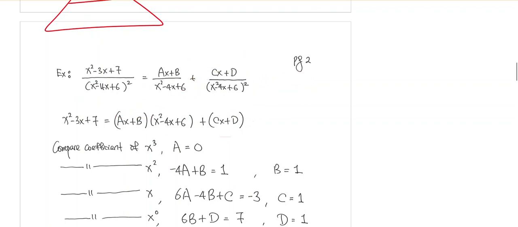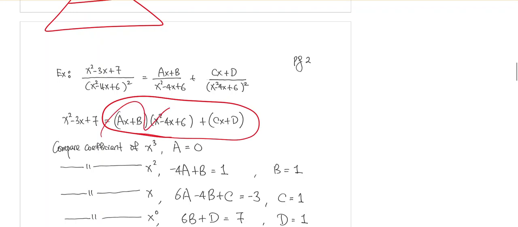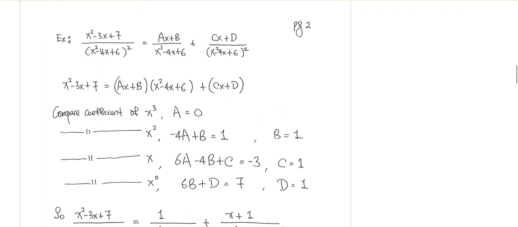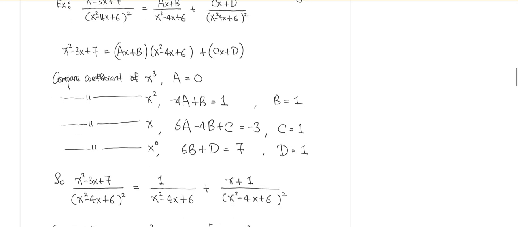Now, in order to find A, B, C, and D, what you need to do is compare the coefficients. There are several ways you can do it. One method is to FOIL all this out, multiply everything out, and start to compare coefficients. I hope that when you're watching this video, you try to do it that way and compare it with my answers. But I'm a little bit lazy here, so I don't want to multiply all this out.